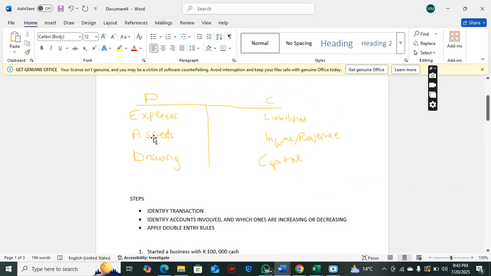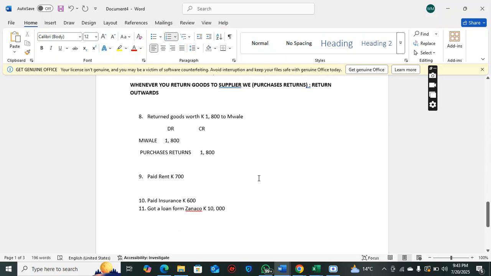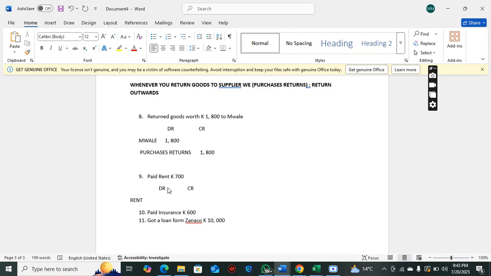A reduction in an asset, you credit. So you're going to debit rent 700, credit cash 700. Any questions?